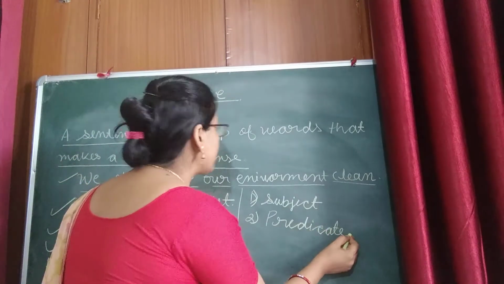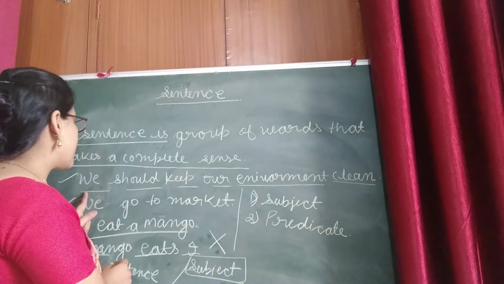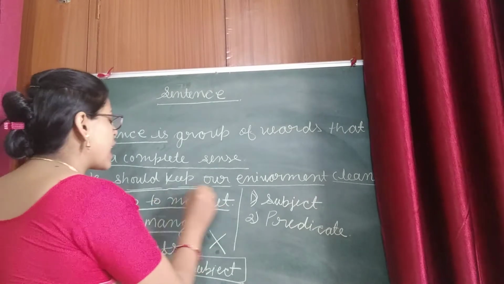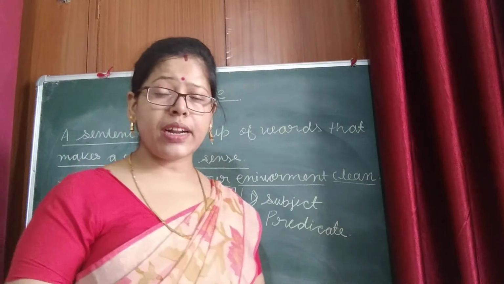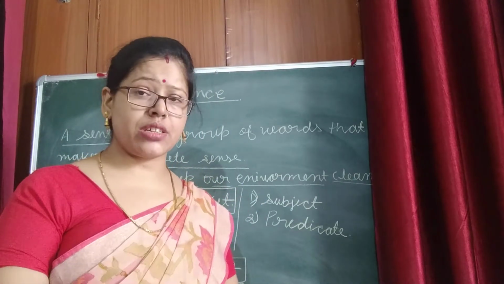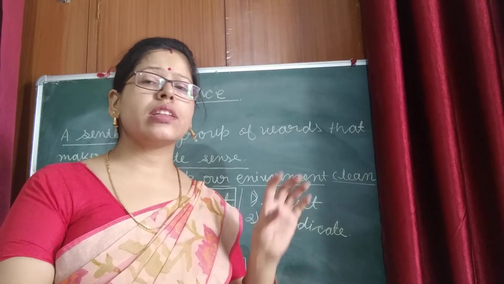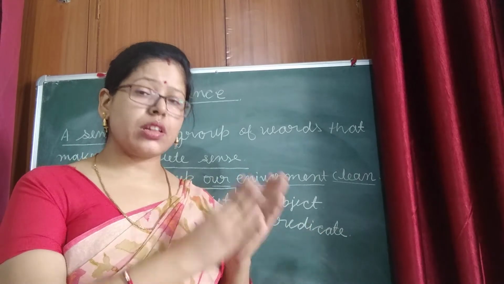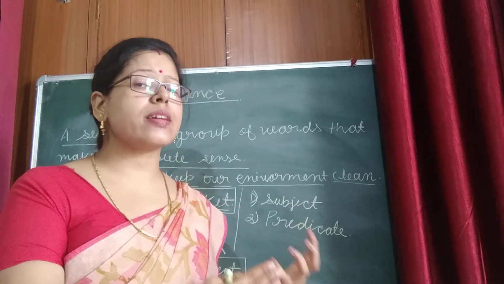My dear students, come again here. In the previous example, I gave you, we go to market. So what is the subject? Doer of action. That means if somebody does some work, the doer of the action, the person who is doing the work, is known as what? Subject.